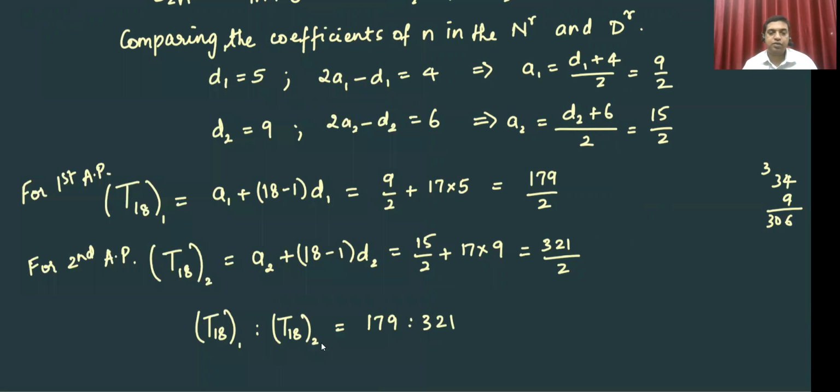I don't know whether they have common divisors. So I think 179 is a prime number. Yeah, I also feel so. So 179 is a prime. So 179 is to 321. That's the answer.